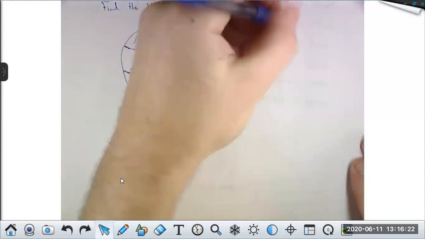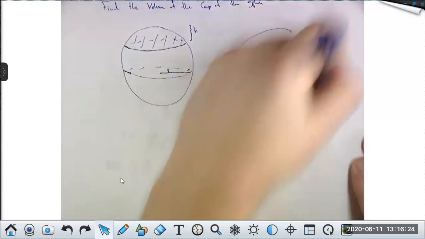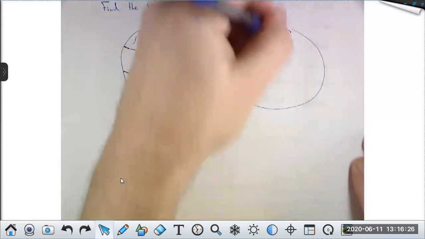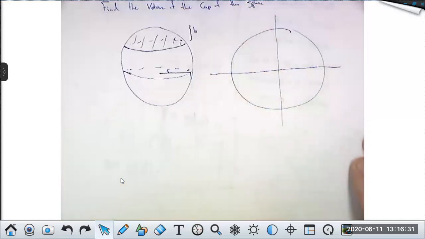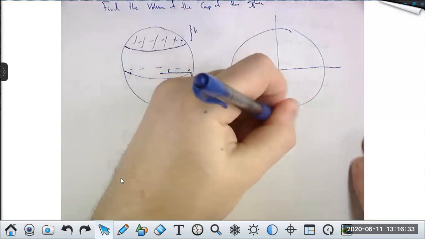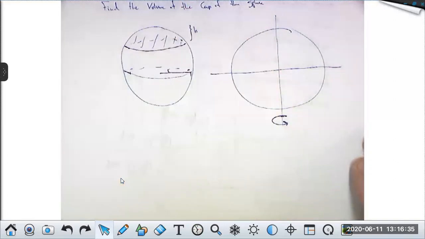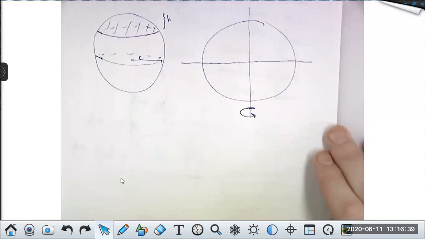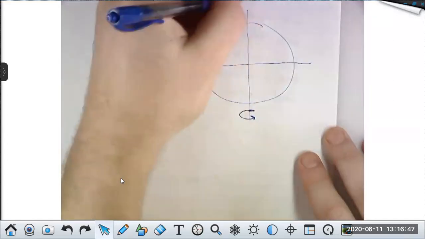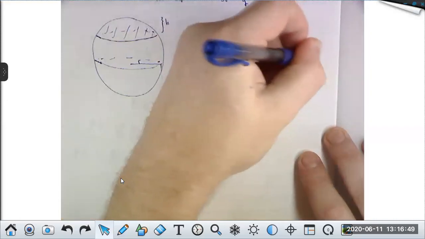Here, if I imagine taking a circle of radius r, centered at the origin, rotating it about the y-axis, it generates the sphere, right? What portion of this circle will I have to rotate in order to generate this?